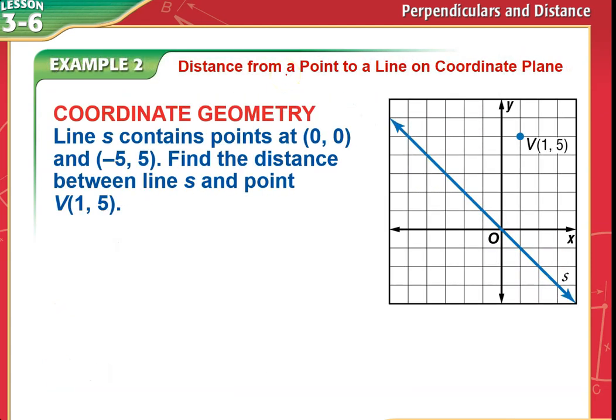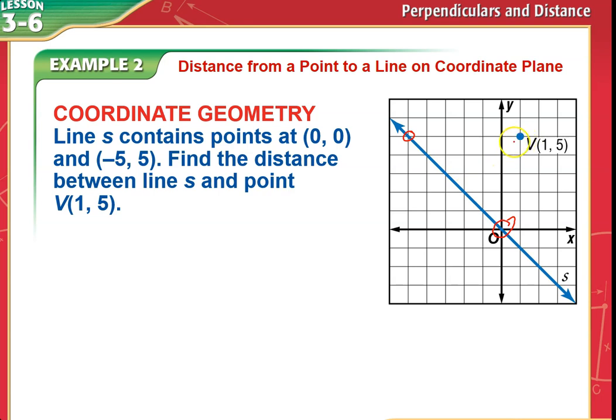In coordinate geometry, line S contains point (0, 0). As we can see, it goes through the origin. And (-5, 5) is also a point, looks like right here. We're going to find the distance between line S and the point (1, 5).